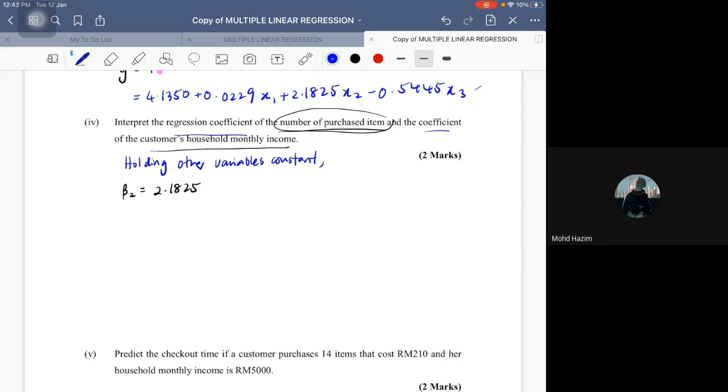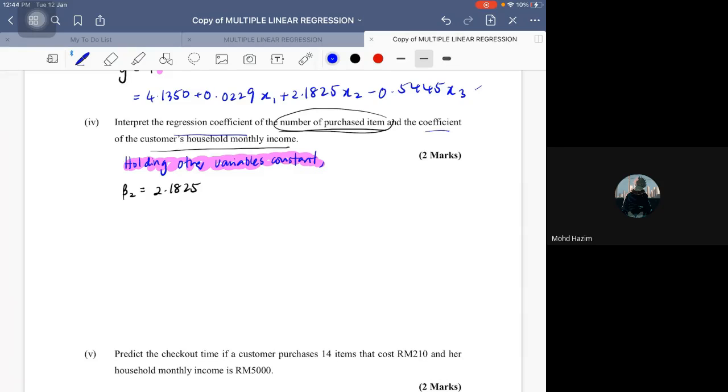But for multiple linear regression, you have to assume that this is the value when other independent variables are constant. You don't change the other independent variables. So this is what happens to this particular variable. Therefore, this sentence is compulsory when it comes to interpretation. If you don't have these particular words included in your sentence, automatically your interpretation is going to be invalid. So make sure it's there.